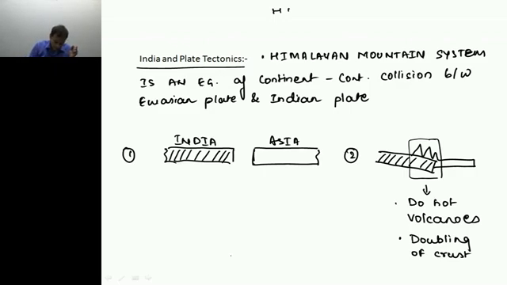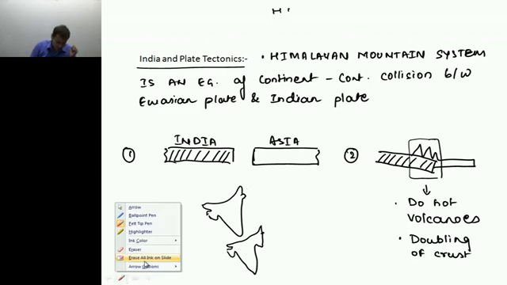The Indian plate was located, as we know, somewhere near the southern pole. It traveled towards the north, and then it came and collided.